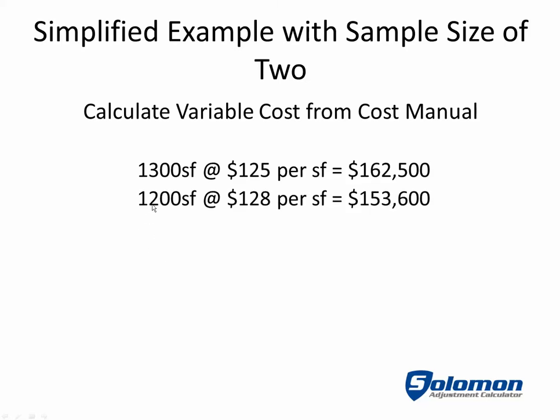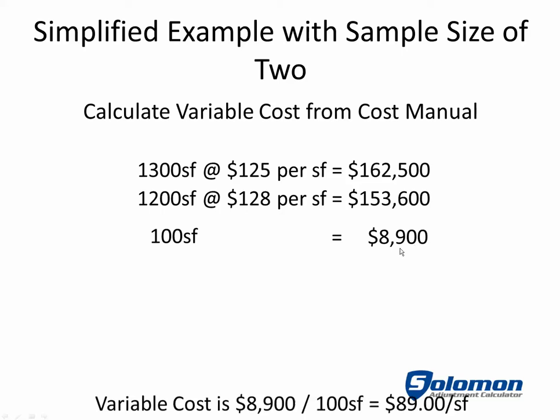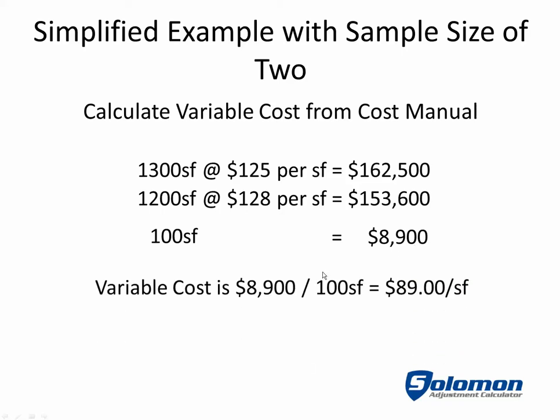In the same table, 1,200 square feet has a bit higher dollar per foot as the size goes down. This calculates to $153.6. So 100 square feet costs $8,900. The variable cost is $89 per square foot. 8,900 divided by 100.